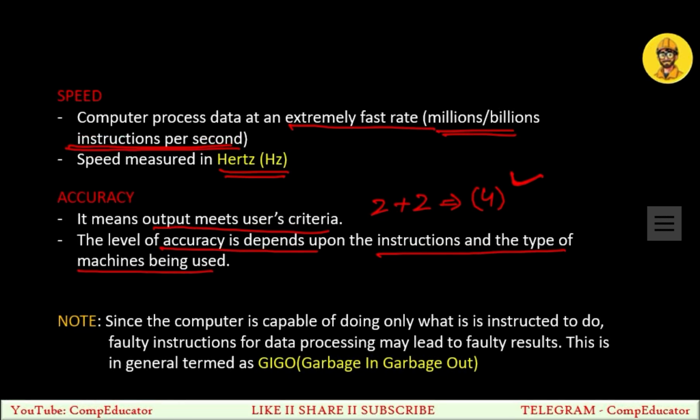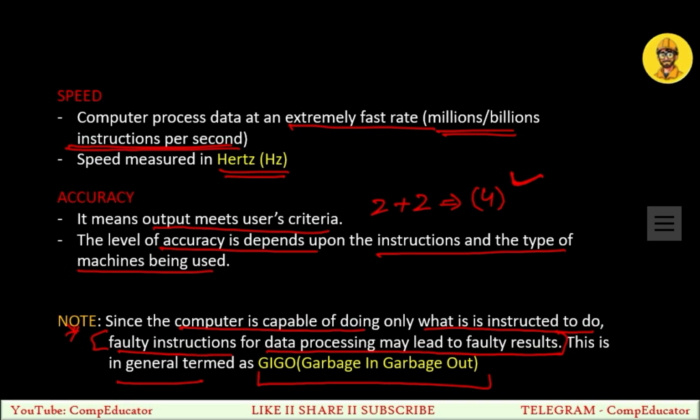Note this point: as we discussed earlier, the computer is capable of doing only what it is instructed to do. Faulty instructions for data processing may lead to faulty results. This is a star-mark, important line. In general terms this is GIGO, which means garbage in, garbage out.